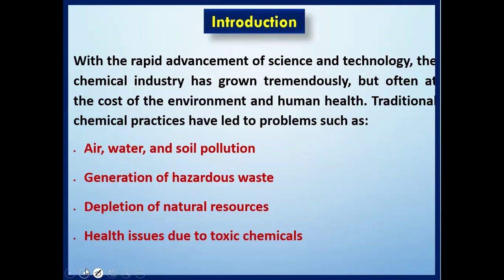We know that with the rapid advancement of science and technology, the chemical industry has grown tremendously, but often at the cost of the environment and human health. So the traditional chemical practices have led to various problems such as air and water pollution, soil pollution, generation of hazardous and toxic chemicals into the environment, depletion of natural resources, and various health issues due to release of these toxic chemicals in the environment.